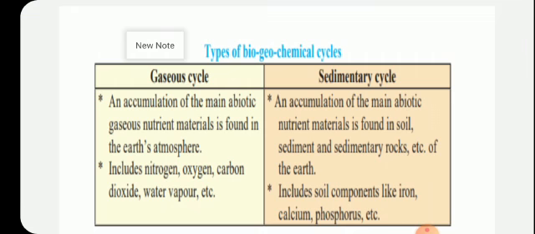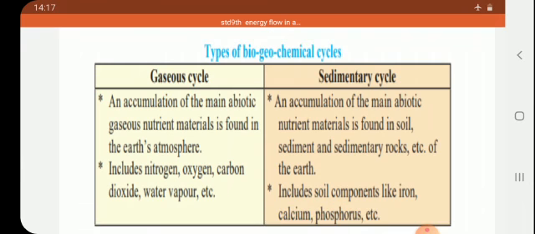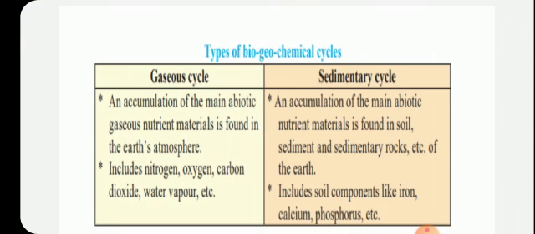But it is observed that this transfer of gaseous substances is very fast. It is not taking so much time if we compare it with the sedimentary cycle. You know the photosynthesis process, okay? You know the respiration process. The gaseous exchanges are taking place therein. That is the gaseous cycle, so it takes place very fast.